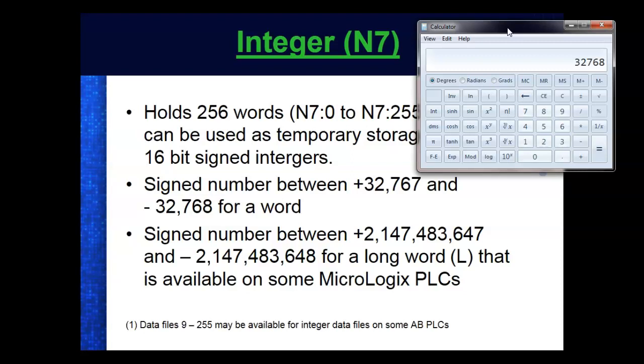So why do I have positive? I can have numbers up to plus 32,767 positive numbers, and I can have 32,768 negative numbers. Why do we have one more negative number than we do positive numbers? Nobody in here knows?